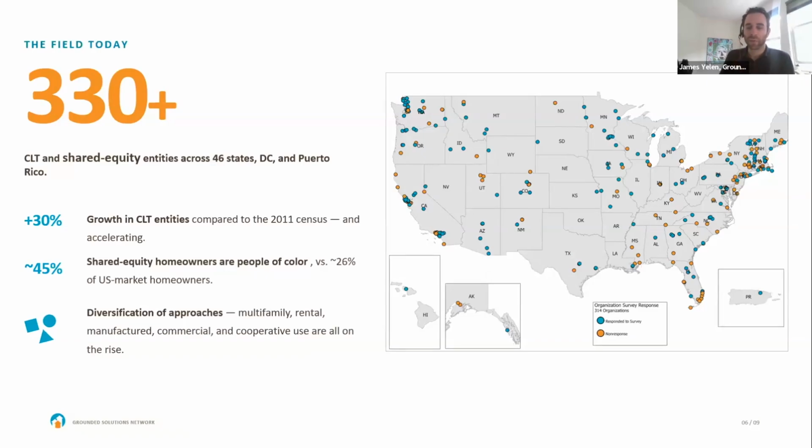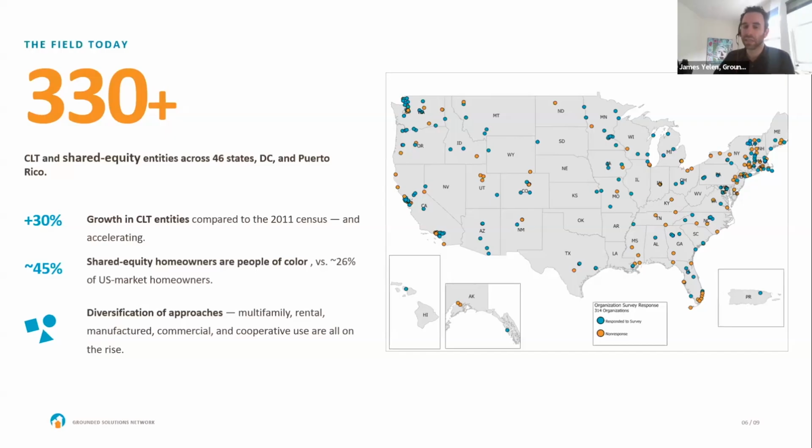Again, this number 330 plus. So this model has really exploded, particularly in the last few years. Just since 2011, there's a 30% increase in land trusts and shared equity organizations based on our census that we conducted in 2022. Honestly, that number's got to be at least 40% by now. Many of them are concentrated in places like California and New York and even in the Midwest, Minnesota, Michigan, but they're really all over the country.